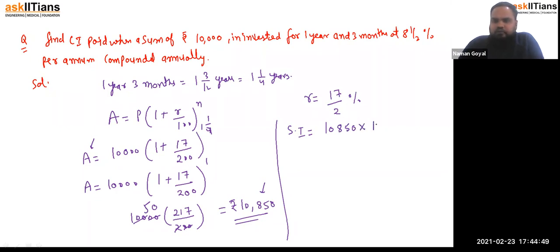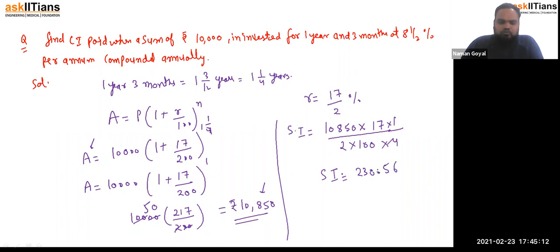R is 17 by 2, so 17 upon 2 into 100 in the denominator, and T is 1/4, so it becomes 1 upon 4. If you solve this, you will get SI as 230.56.